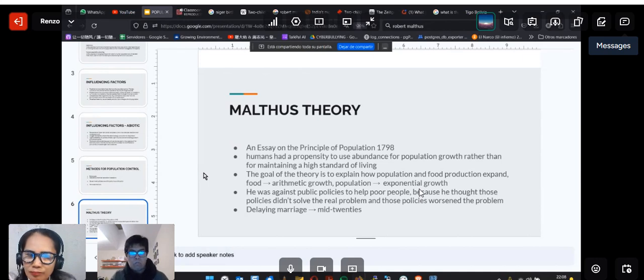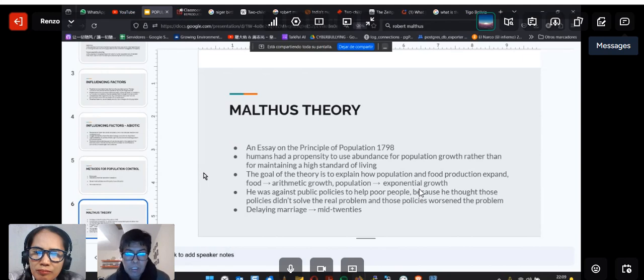So, drawing a curve and a line from the arithmetic growth, there was a point in which both lines will intersect, and at that point, there will be a lot of trouble for the survival of the people.